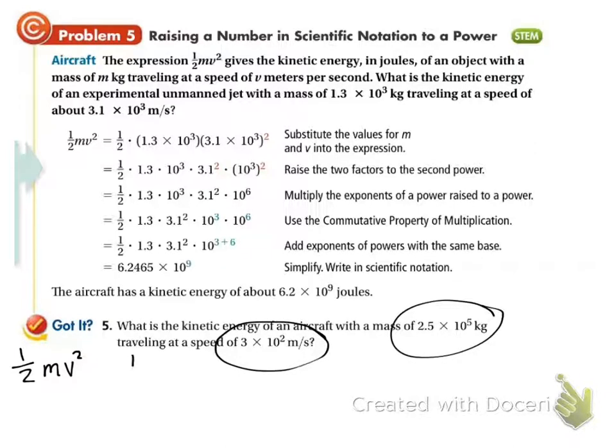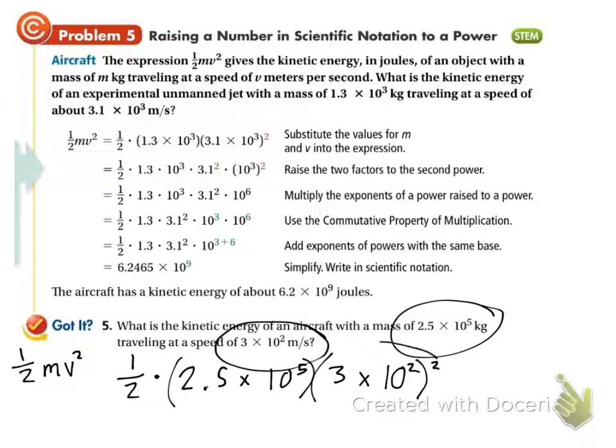So let's plug those in first. So I've got 1/2 times 2.5 times 10 to the 5th. If you want to use parentheses, you could, and then v squared, we'll just stick that in there. We need to square this number. 3 times 10 squared, squared.